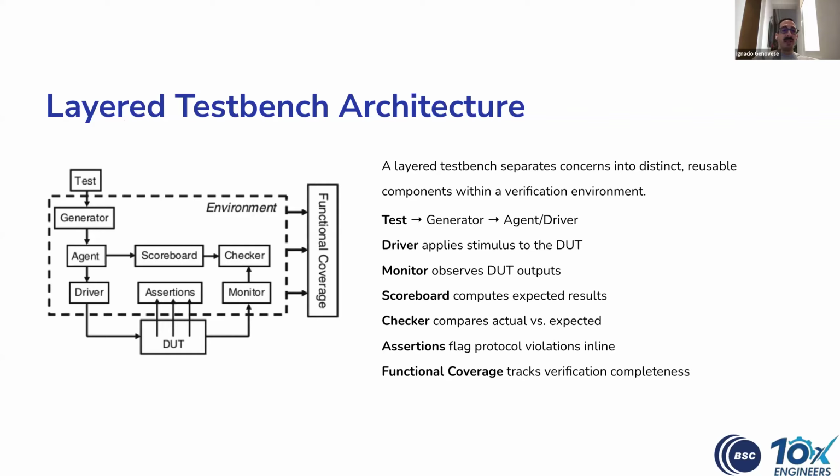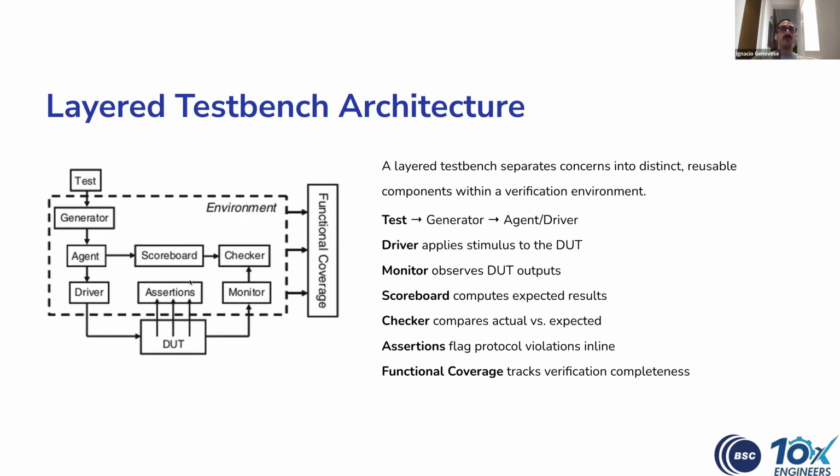Normally, in a layered test bench, we have the test, which includes a generator, an agent, and a driver, which includes the whole environment containing the generating part of the stimulus and the checking part of the results. And also a scoreboard that might or might not be present for computing the expected results.